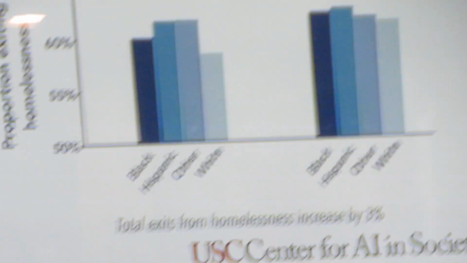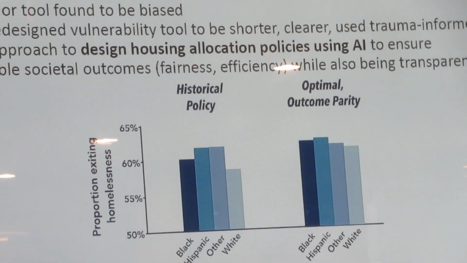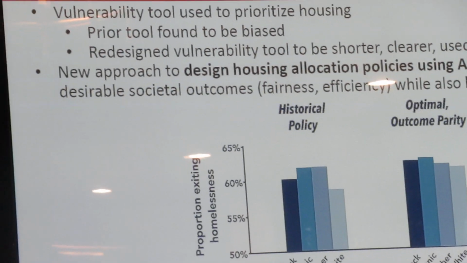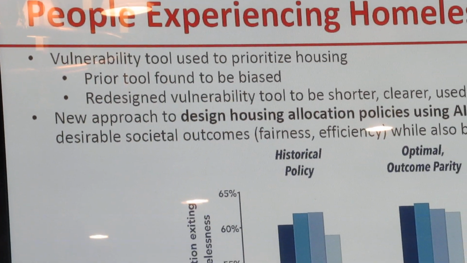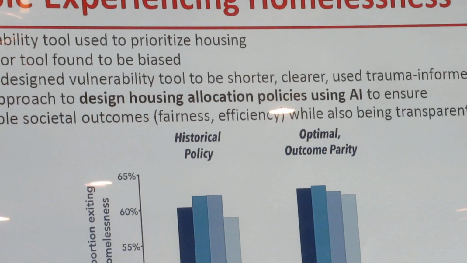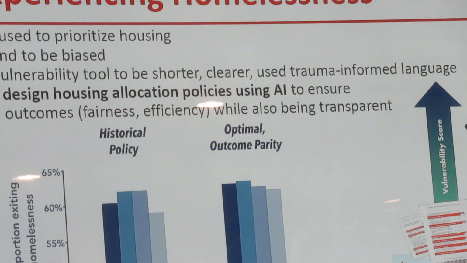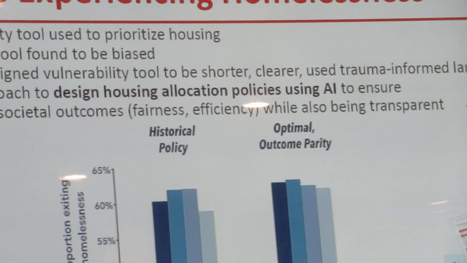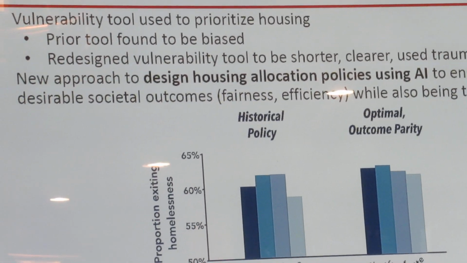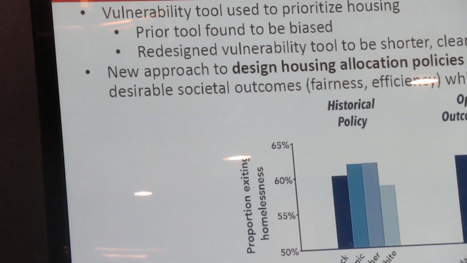And basically by looking at historic data, they've been able to show that were this more sophisticated machine learning system being used, they would be able to, first of all, increase the efficiency of the system, which means more people would exit homelessness due to the resources that are provided to them, by 3%. But even more importantly, those benefits across the system are also distributed more evenly.